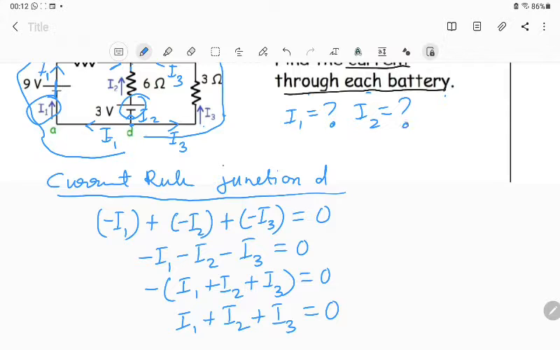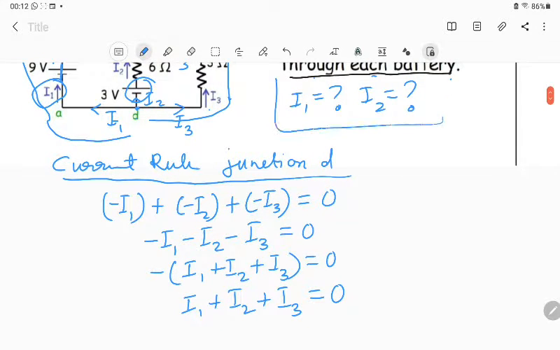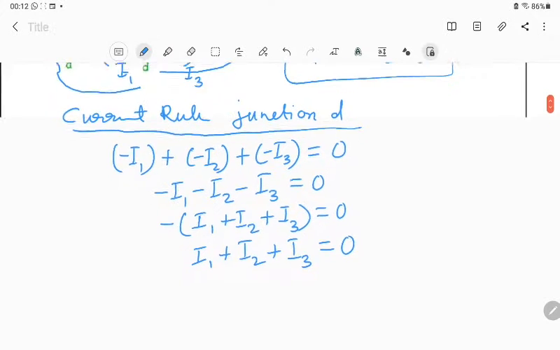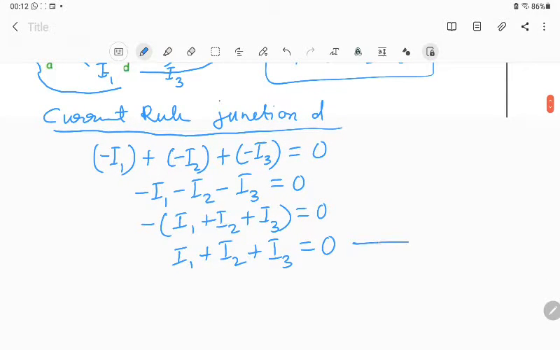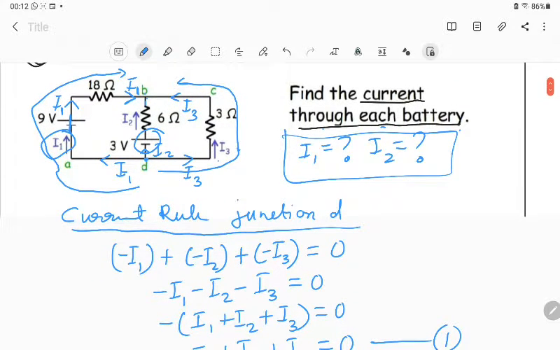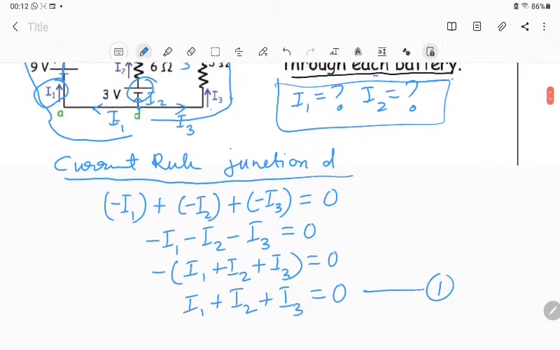This is our junction rule, the Kirchhoff current rule. You can take it for any junction. At B also I will get the same thing only.